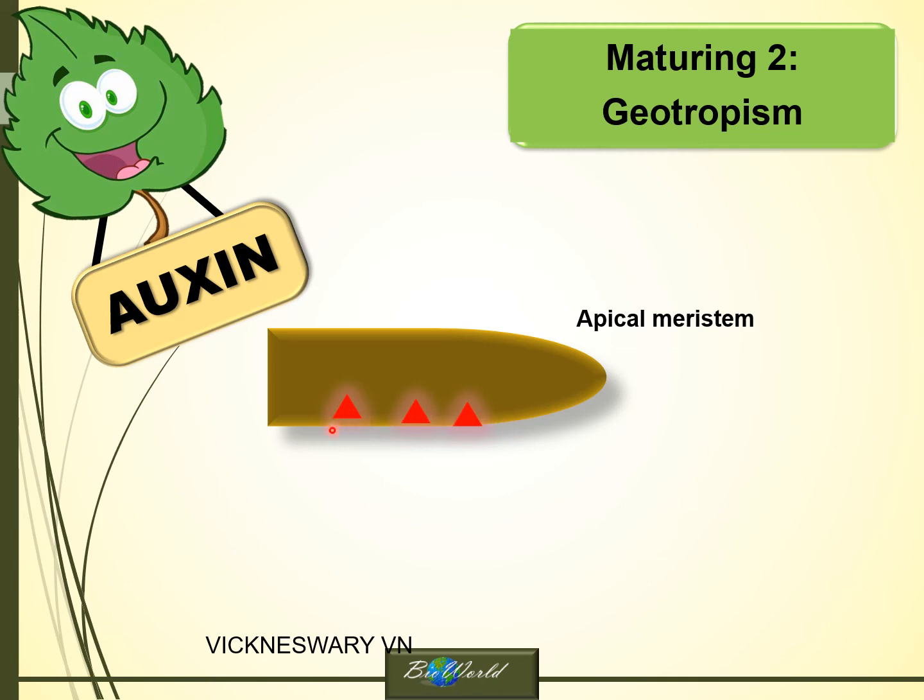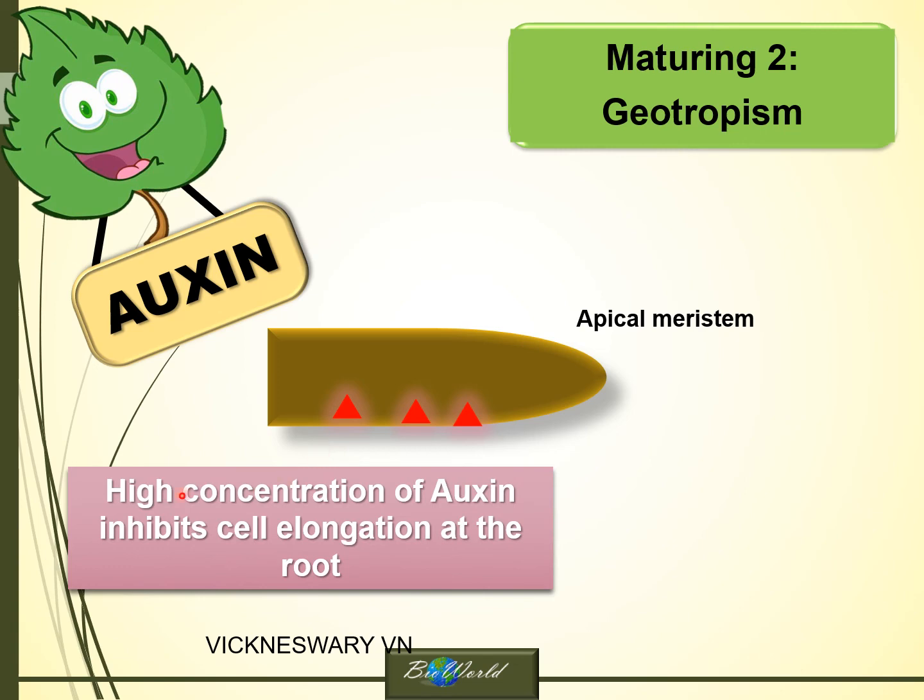Now here is the third characteristic of auxin, that is high concentration of auxin will inhibit cell elongation at the root. Just now when I talked to you about the shoot, remember high concentration of auxin will stimulate or promote cell elongation at the shoot, but it is the opposite at the root.